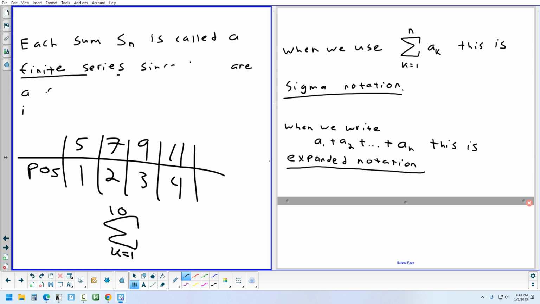And now I need a formula that's going to generate all the numbers I want to add up. Does anybody see what the formula would be? It does go up by 2 each time, so that's thinking of it recursively. We have to think of it explicitly.